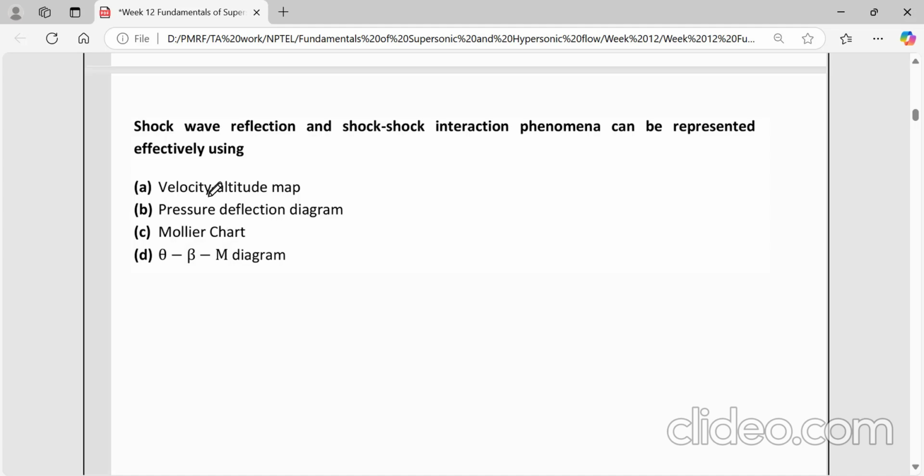Shock wave reflection and shock interaction phenomena can be represented effectively using: option A, velocity altitude map; option B, pressure deflection diagram; option C, Mollier chart; and option D, theta beta diagram.